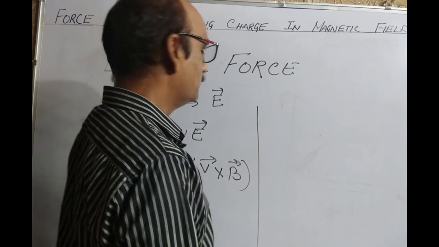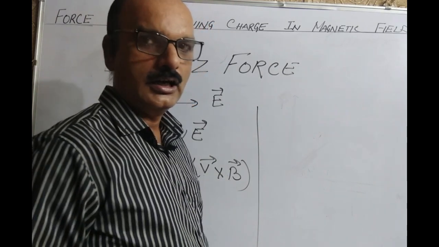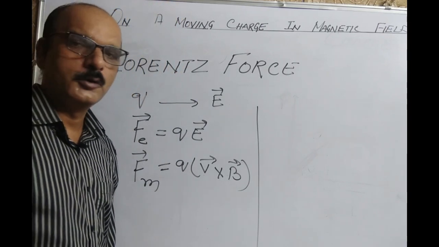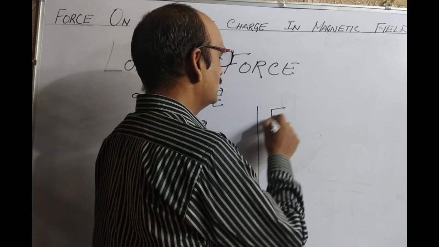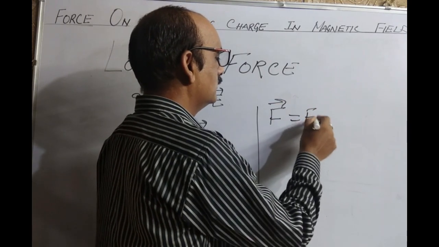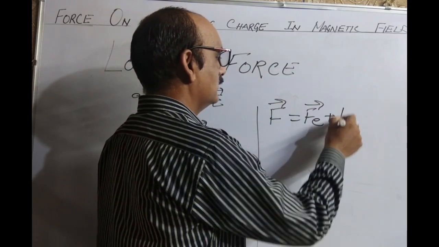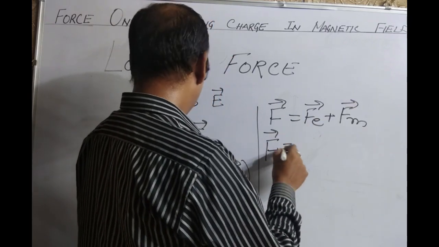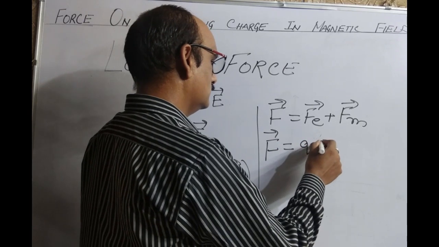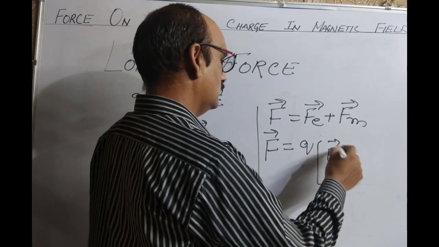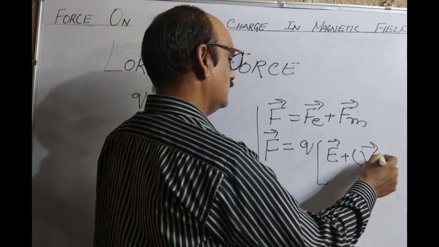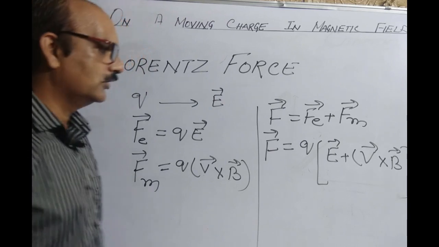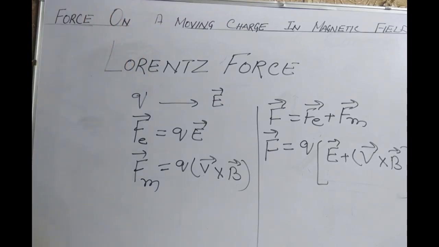Now, when both the forces are combined, that is when the electric field and magnetic field are both present, the net force F equals Fe plus Fm, that is F equals Q times E plus V cross B. And this force is called the Lorentz force.